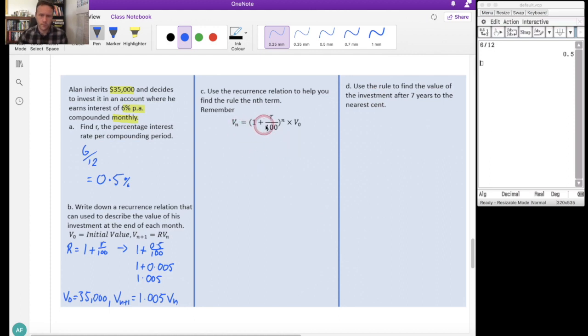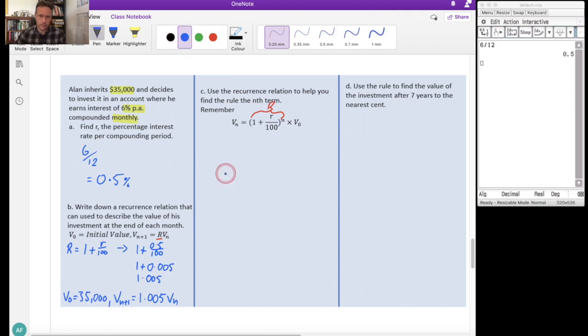All right, so our rule is this Vn. Now this here, even though I've spread it out, is just the same as R. Not the n, just that bit in brackets is R, big R. So we've already found that down the bottom there. So it's quite easy to write this rule.